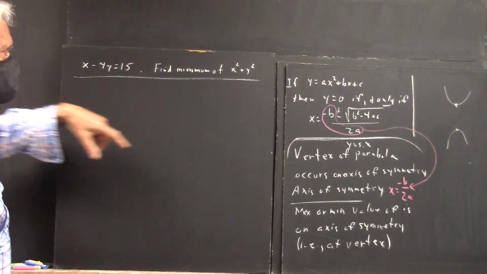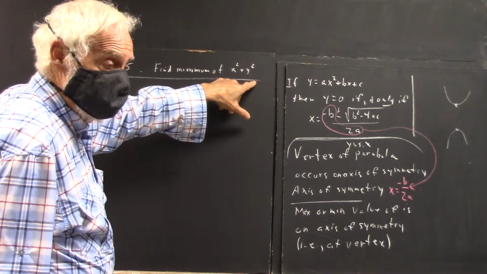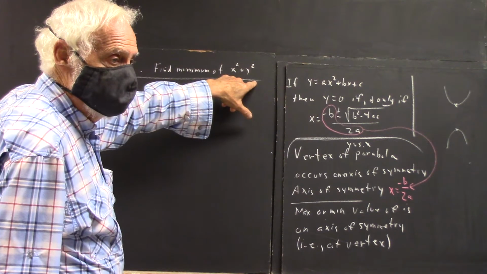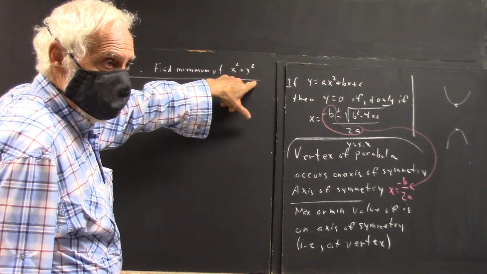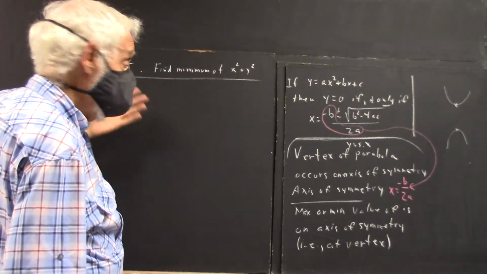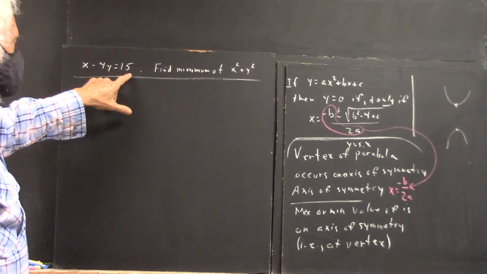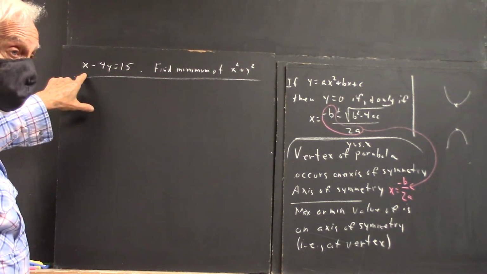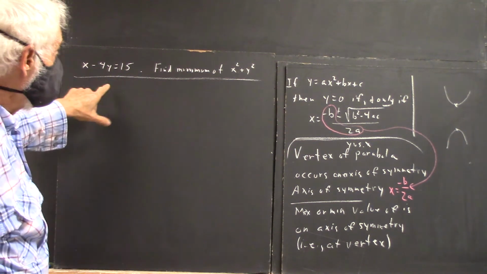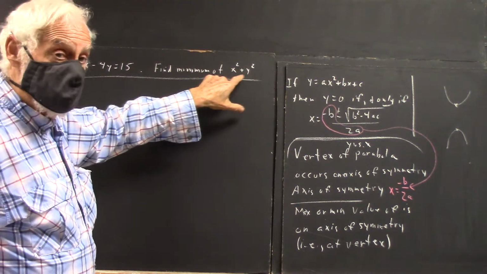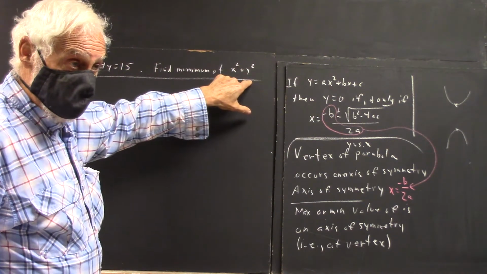So we have this, and we want the minimum of this. Now, some people actually did this in this problem. We solve this for either x or y, and then we plug that expression in for x or y, whichever we solve for here.